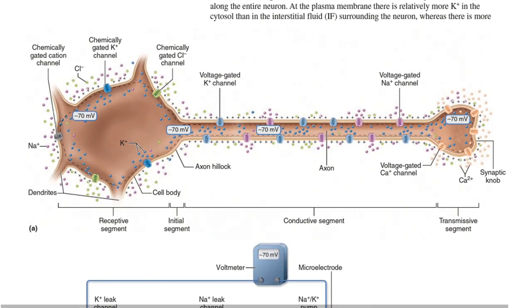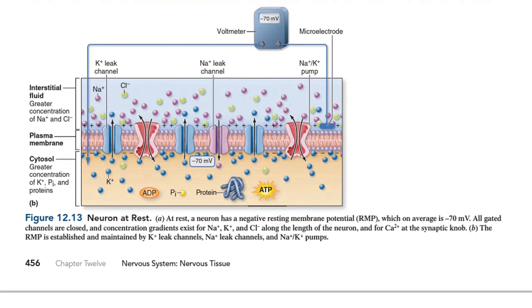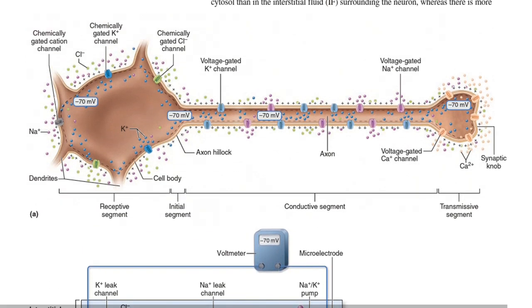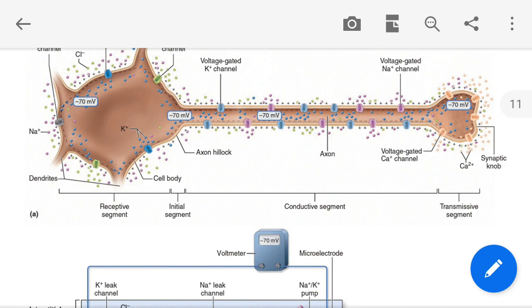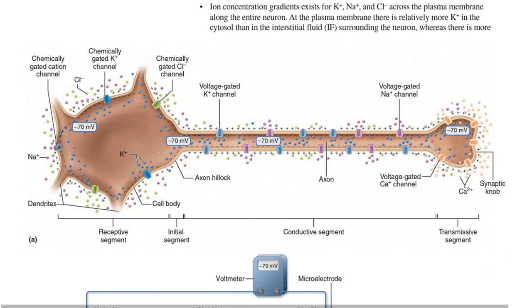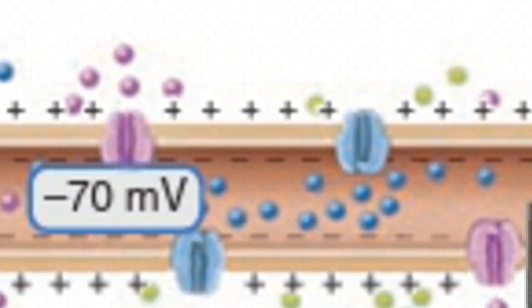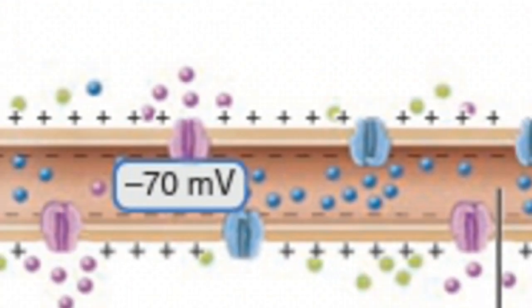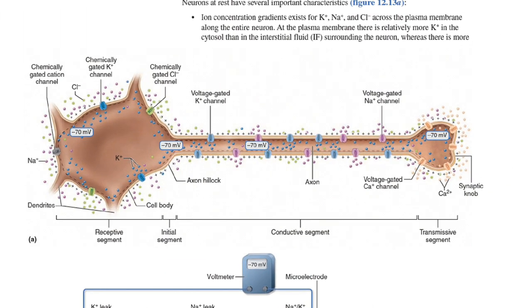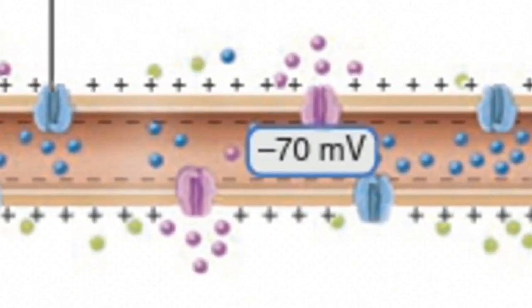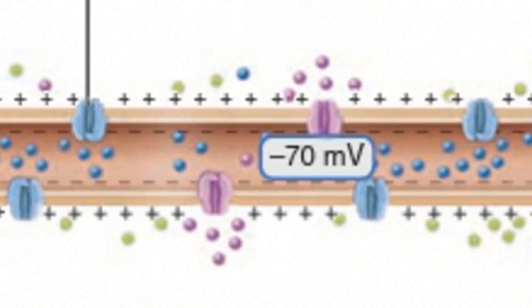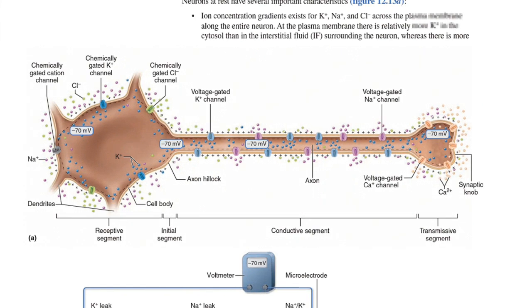Now see, this figure is showing a neuron at rest. You can go through this figure, and see over here on the outer surface they are writing the plus sign, and inside minus. So this is the resting membrane potential, and minus 70 mV is the resting membrane potential.